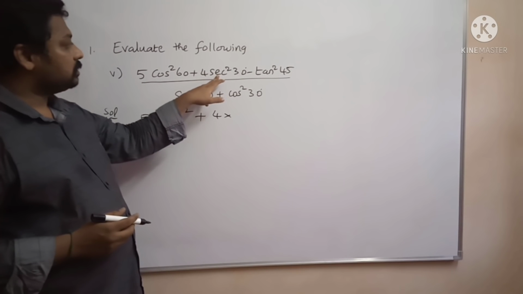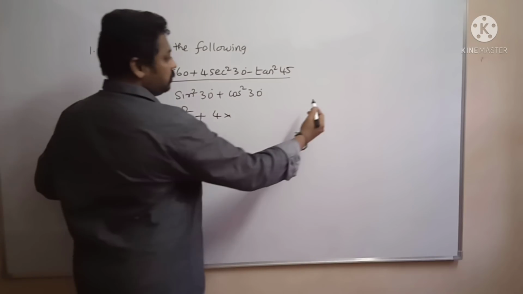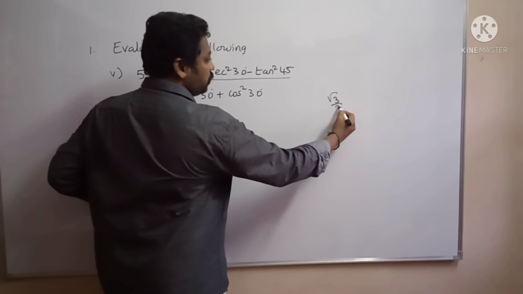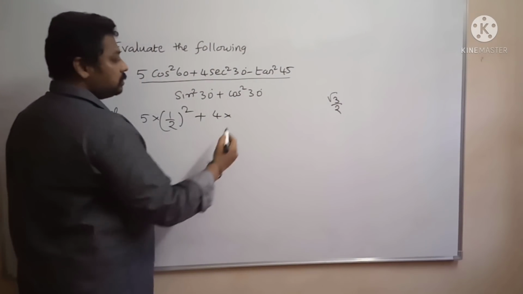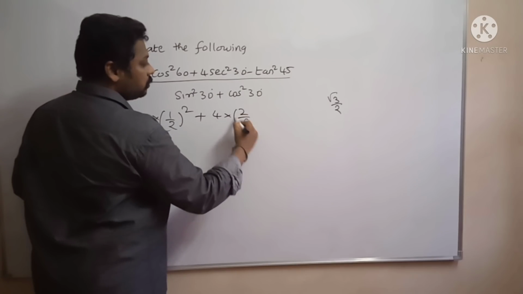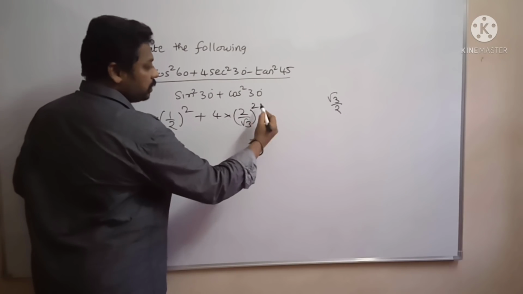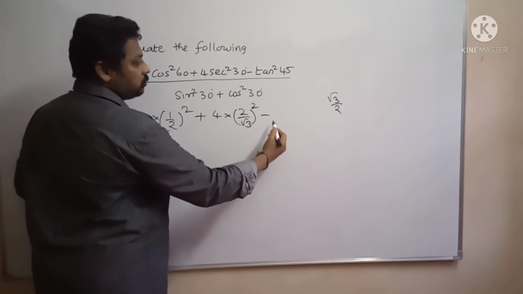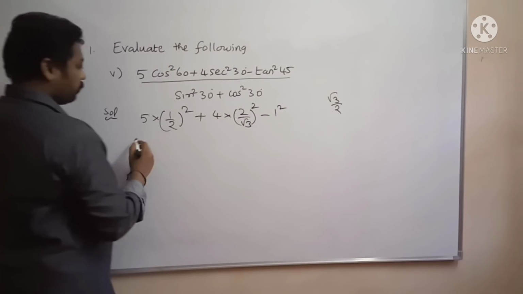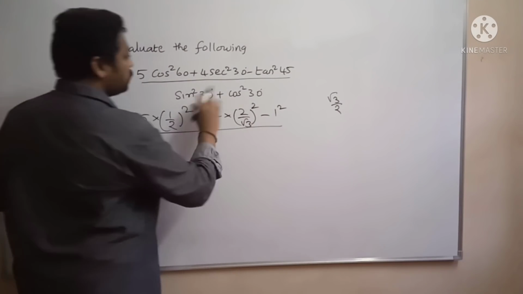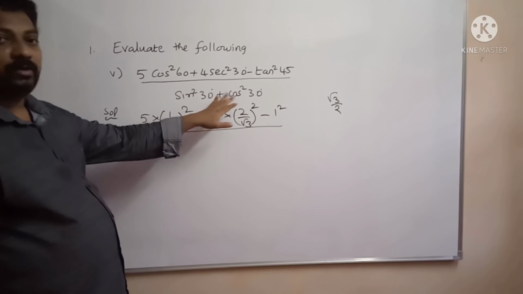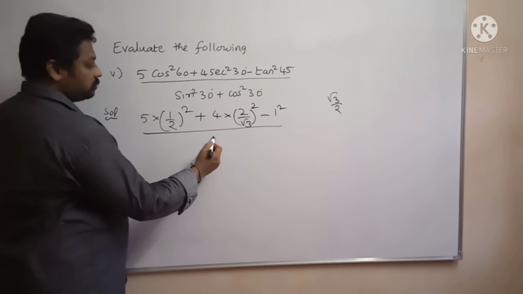Secant 30 is the inverse of cos 30, and cos 30 is sin 60, that is root 3 by 2, so secant 30 is 2 by root 3. Secant square 30 is 2 by root 3 whole square. Minus tan square 45, which is 1 square. Whole divided by sin square theta plus cos square theta, we know that is 1, so I just substitute 1.